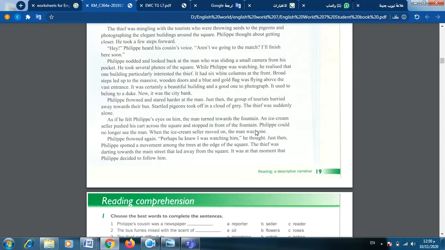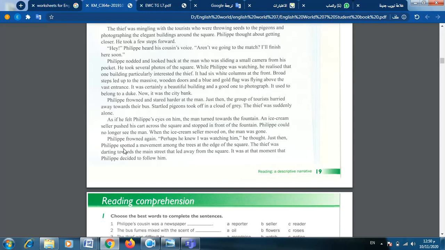He wants to catch him. Felipe frowned again. Perhaps he knew I was watching him, he thought. The thief noticed that I was watching him.